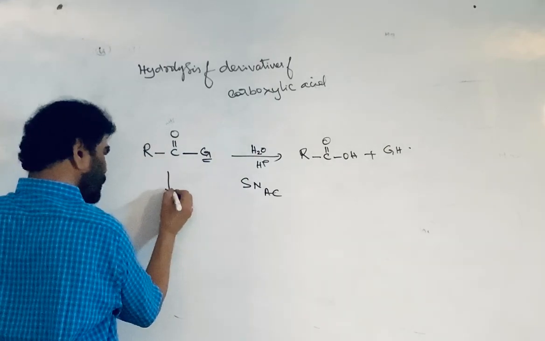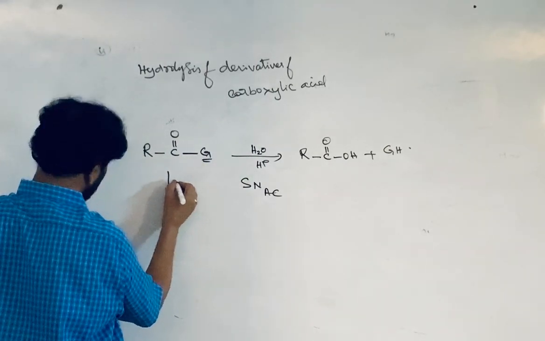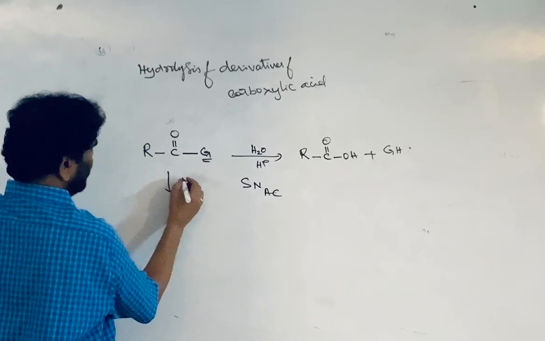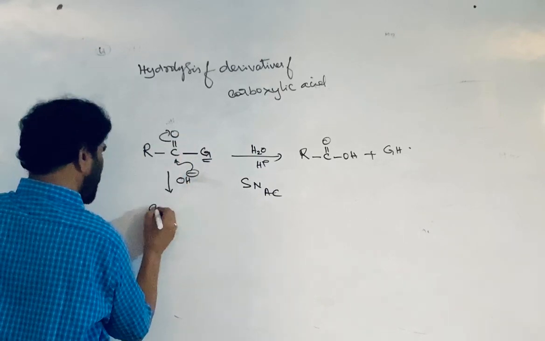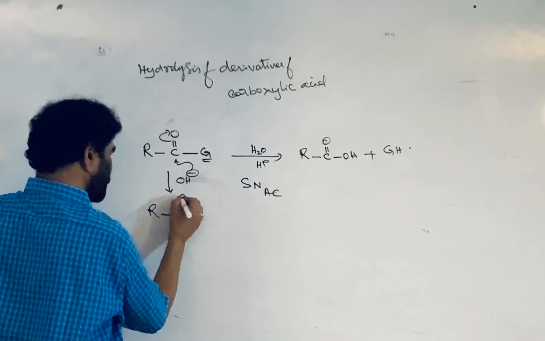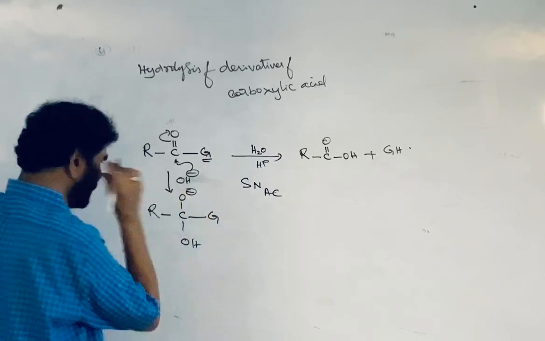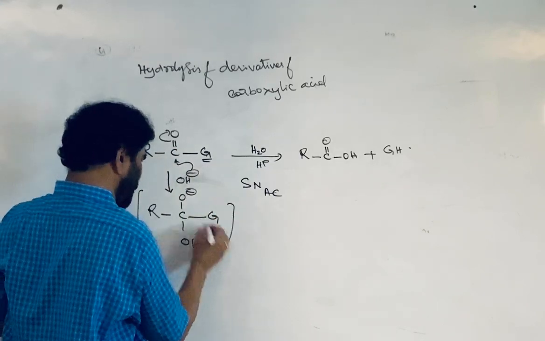So here you know the mechanism of the reaction, whether acid or base, water or OH minus ion attacks here, it goes up, accommodates, ipso substitution. The OH is the attacking group, and the leaving group is also attached, so a tetrahedral intermediate is formed.